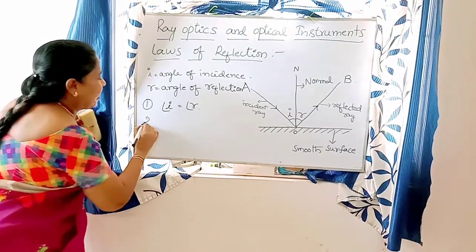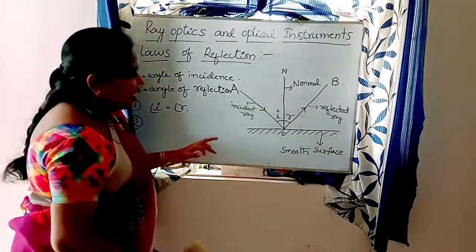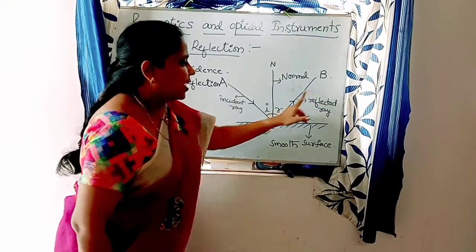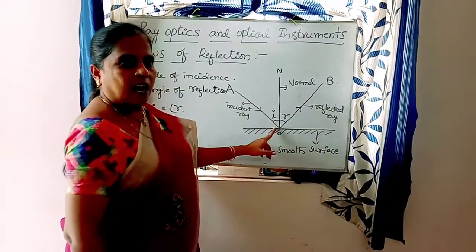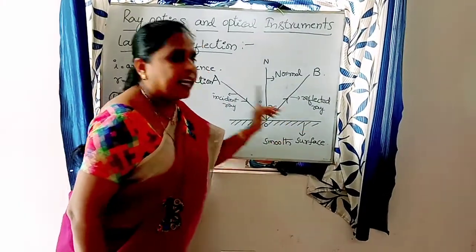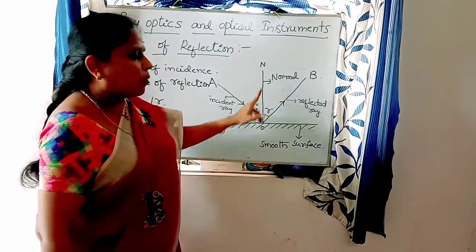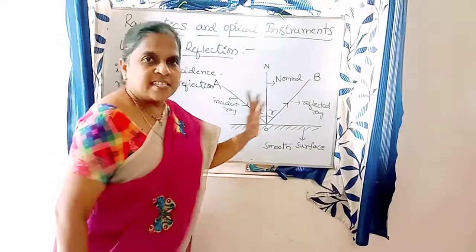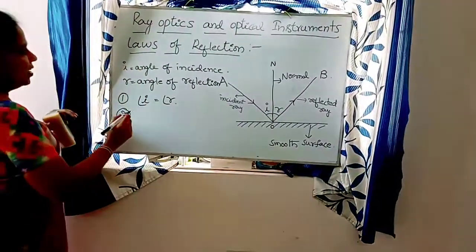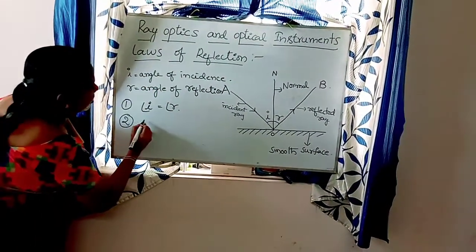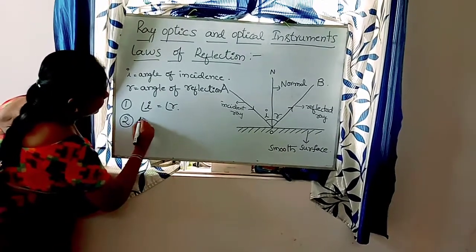And the second point is that the incident ray, reflected ray, and normal lie in the same plane. That is the second point of the laws of reflection.